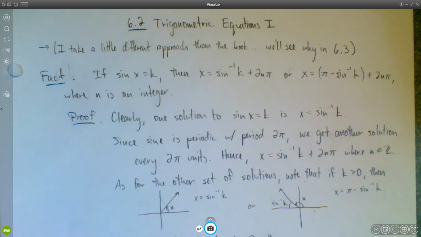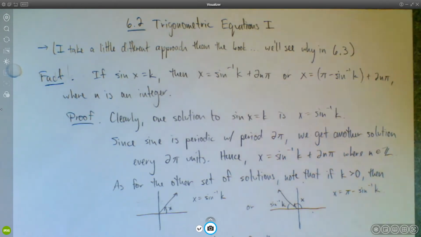But I prefer my method, obviously, and hopefully you'll see why when we get into multiple angle stuff in 6.3.